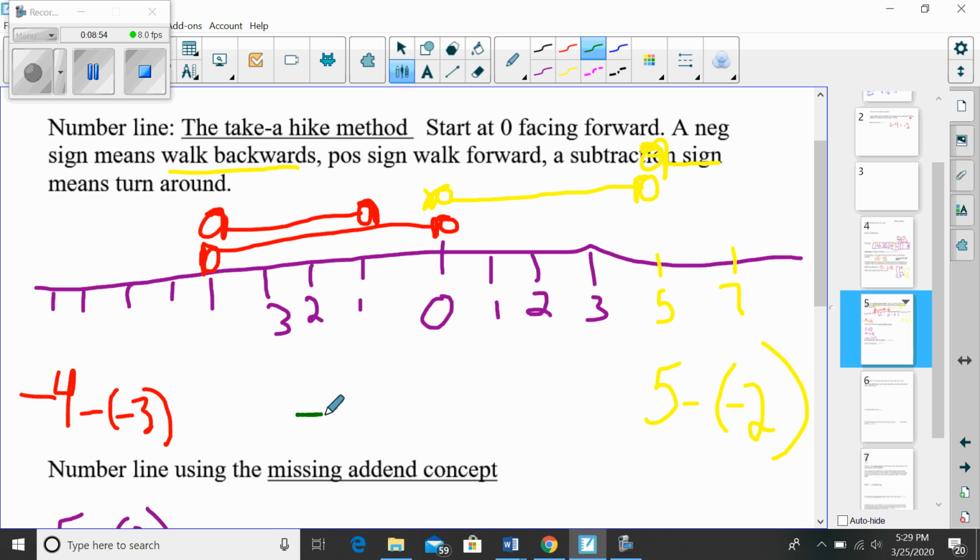Okay, so you try the last one, -2 minus -7. You try that right now on your paper.